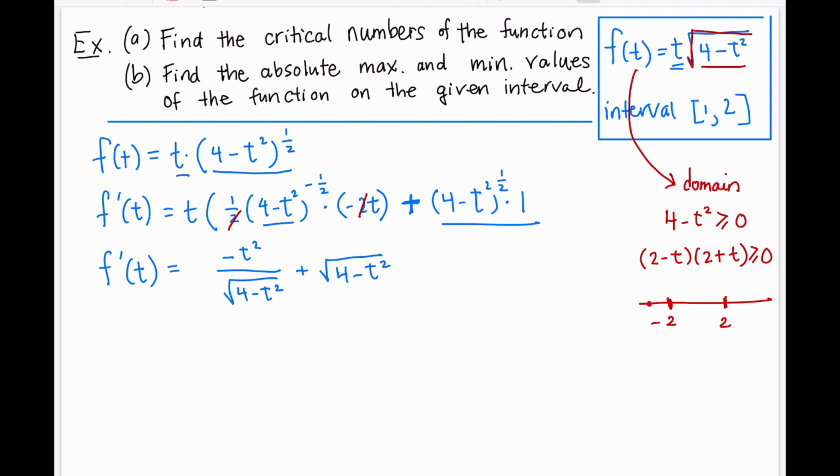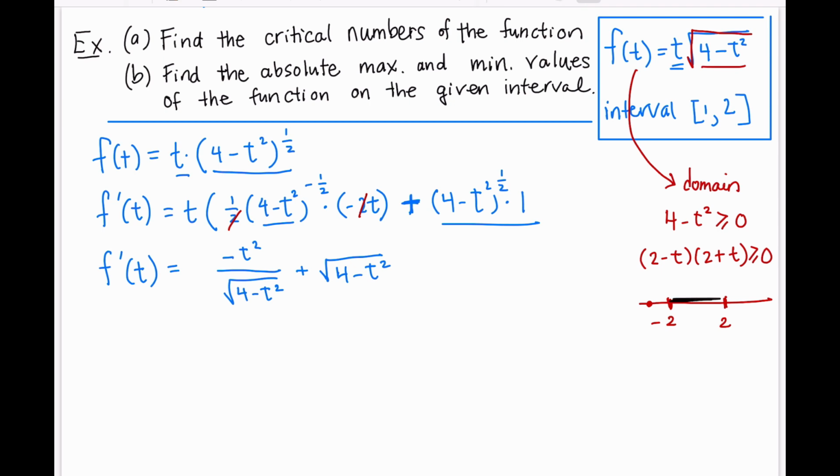For example, if I pick negative 3, I can see that this will be positive and this will be negative, and therefore my inequality is false there. However, if I pick, say, 0, then this quantity will be positive and 2 plus t will be positive. So the inequality is true there.